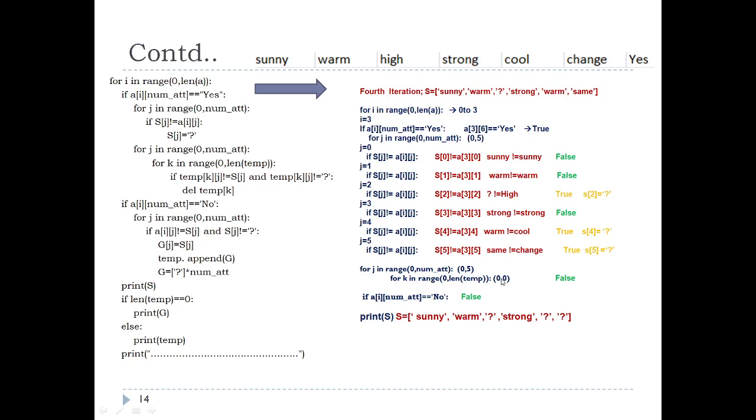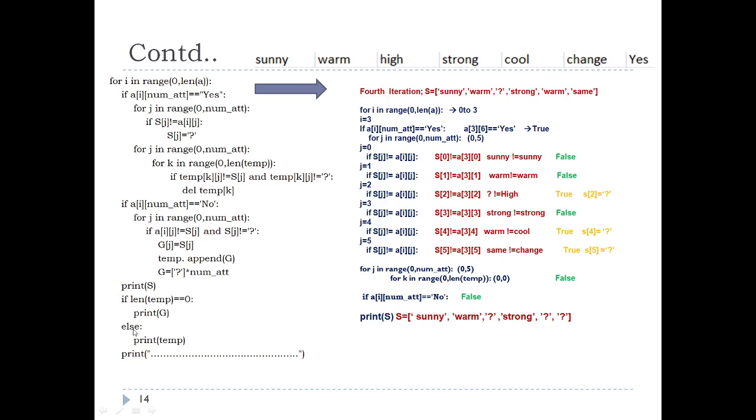Now it will not go to this condition because it is a positive example. So it will come here and print the S value, that is sunny, warm, question mark, strong, question mark, and here temp is not equal to 0. It is not equal to 0, so it is false.